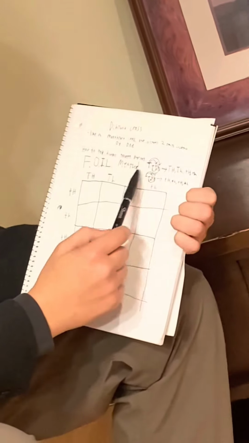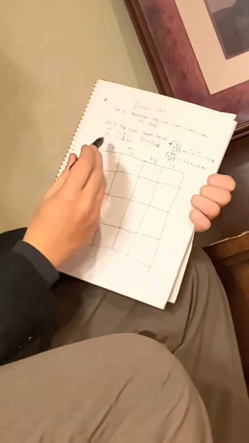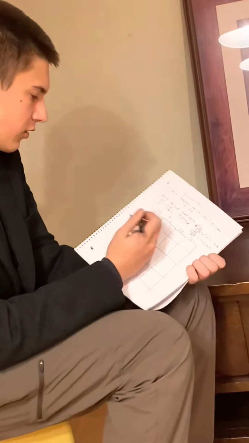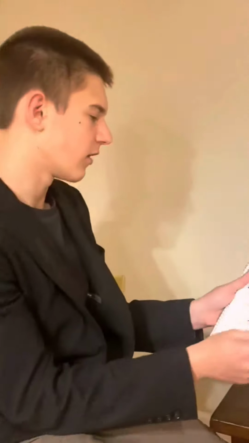And you just repeat that process for this side. We're going to draw this out, right here: big T, little h, or big T, little t, so we got big T, little t, two big H's. Obviously I filled in the chart because that would take a long time on camera.